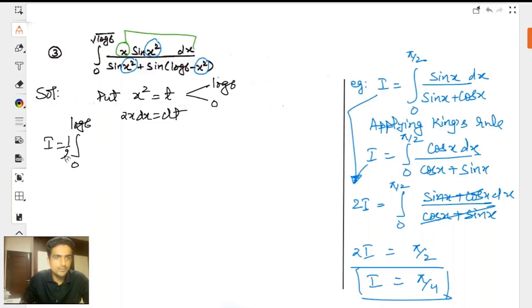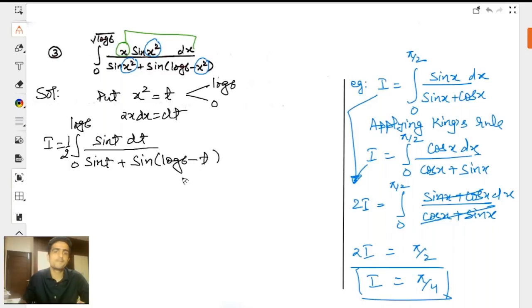Half comes out, sine of t dt upon sine t plus sine of log 6 minus t. Now I will really appreciate if you take 10 to 15 seconds or even 30 seconds, without using pen and copy, and observe that King's rule will actually simplify this expression a lot.